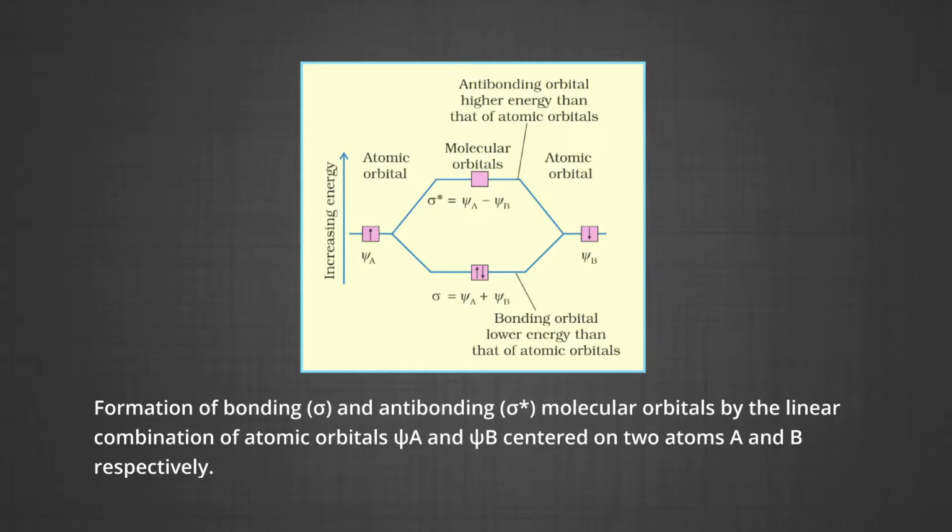Formation of bonding, that is sigma, and antibonding, that is sigma star, molecular orbitals by the linear combination of atomic orbitals psi A and psi B, centered on two atoms A and B respectively. Now, you can see in the figure the psi A and psi B atomic orbitals and their overlapping.